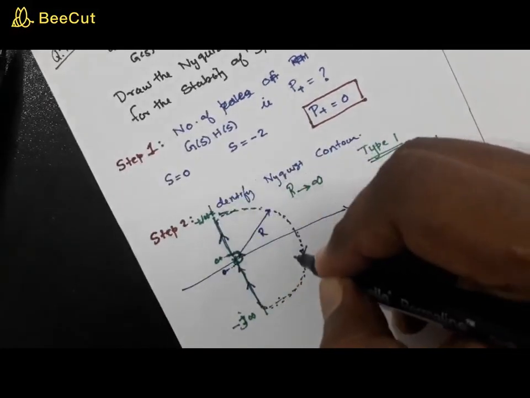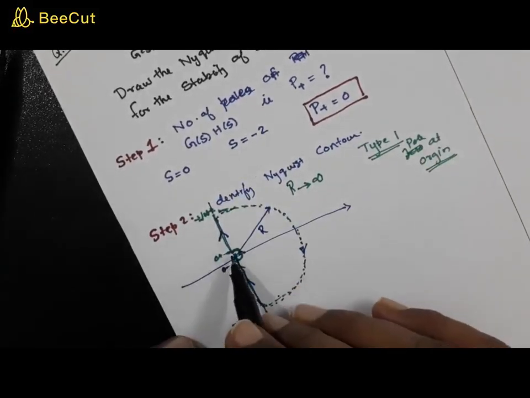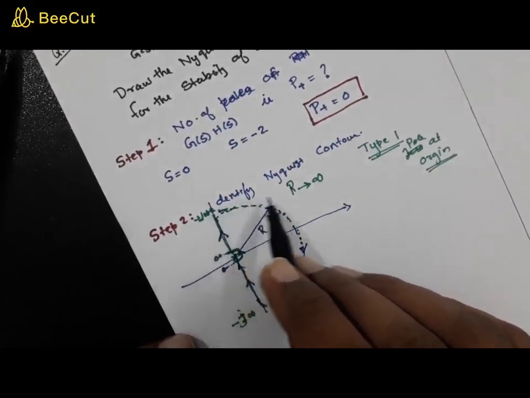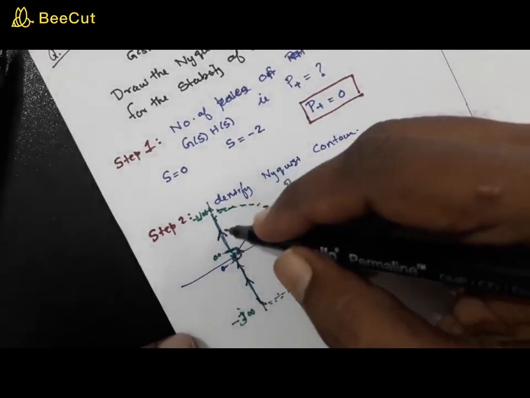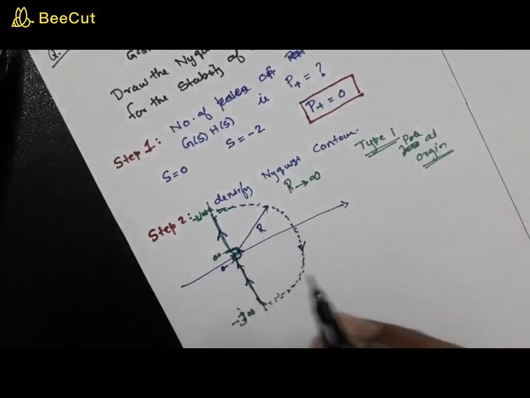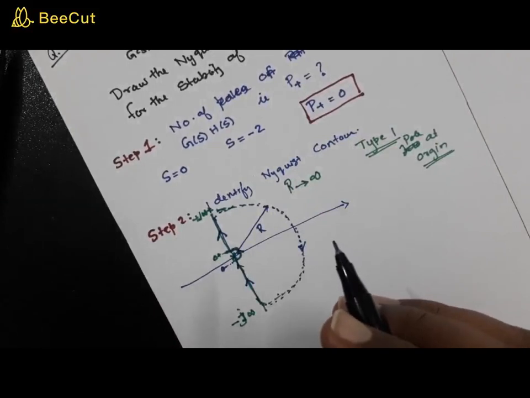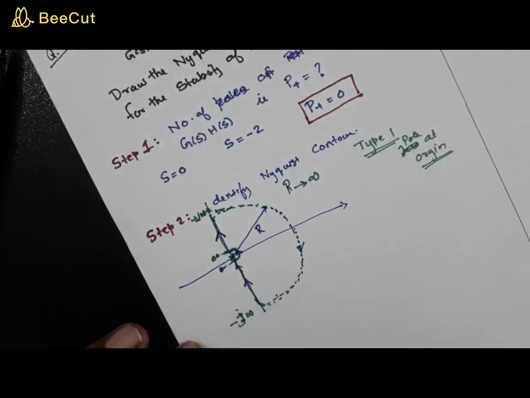Look at this, the direction that I have shown. You have a clockwise direction, since I'm starting from 0 plus, and it should come back to this point. As you move in this direction, this is a contour, this is a path. As I move through this path, I can identify the direction in this way. As I have traveled, I have identified 4 different segments for this contour, as per the direction, right?